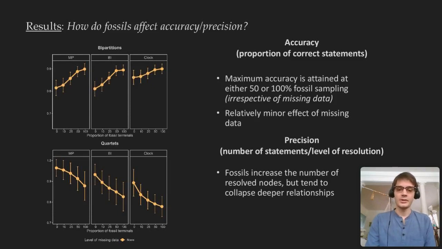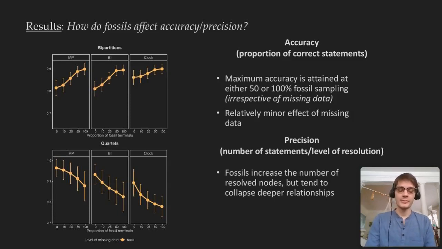These opposite trends are telling us that when we add fossils to trees, these fossils are increasing the overall number of resolved nodes, the general level of resolution, but at the same time they're collapsing deeper relationships. And so we see this decrease in quartet-based precision.